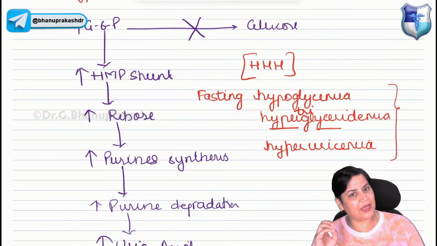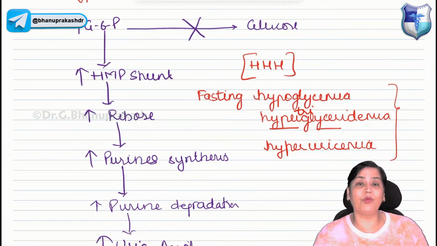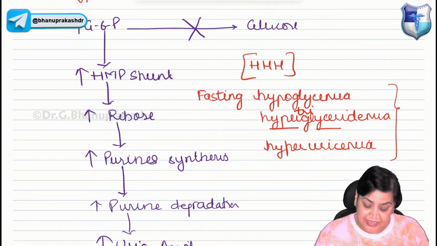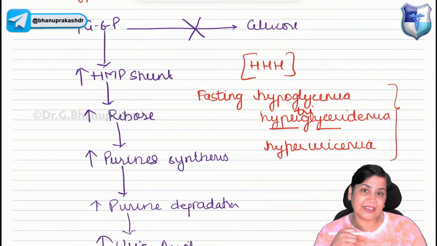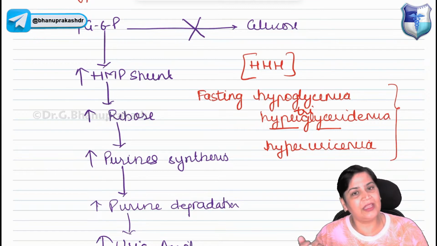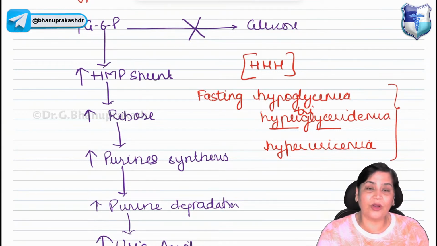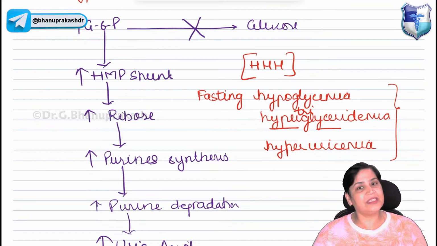Fasting hypoglycemia is, suppose we have not had anything the whole night, and in the morning the concentration of glucose drops down. So that is fasting, meaning we are not consuming anything and our body is also unable to compensate. Why is it unable? Because glucose 6 phosphatase is absent, which is the main enzyme to give energy to the body in the form of glucose. And since it is present in the liver, it is a liver storage disorder, so obviously it is more serious.